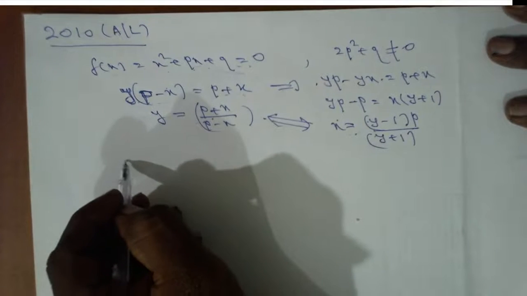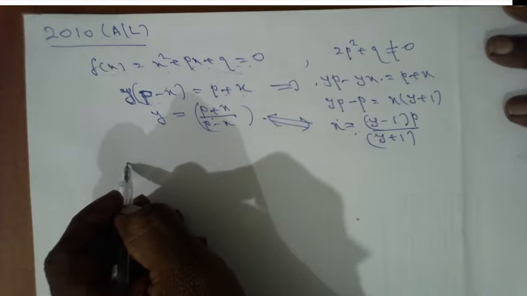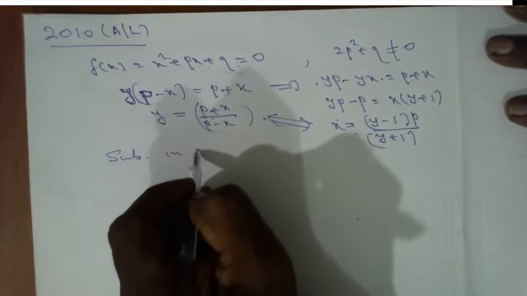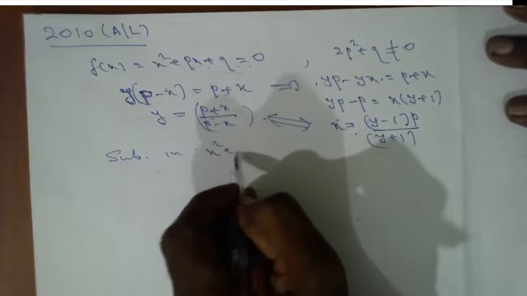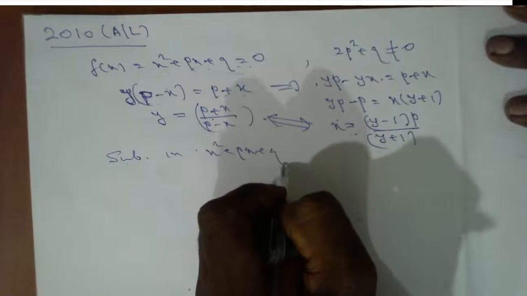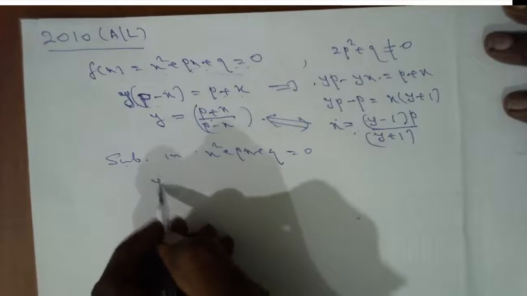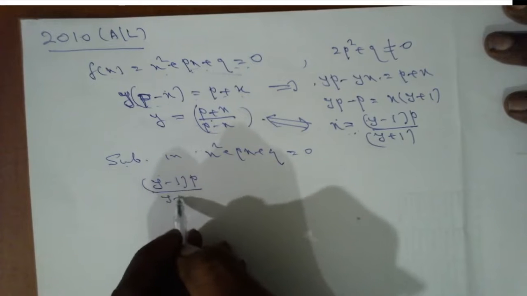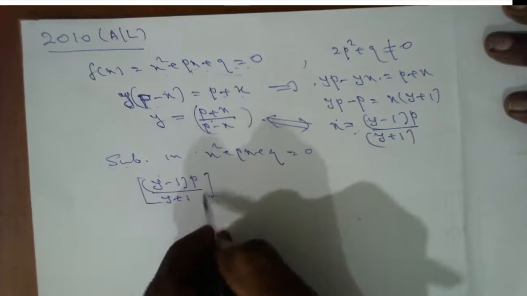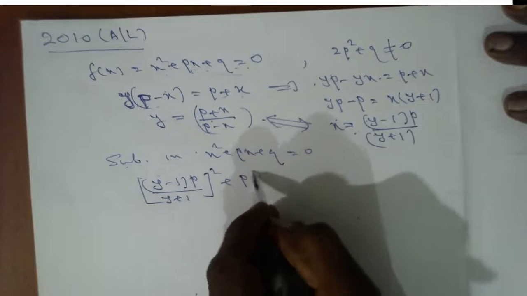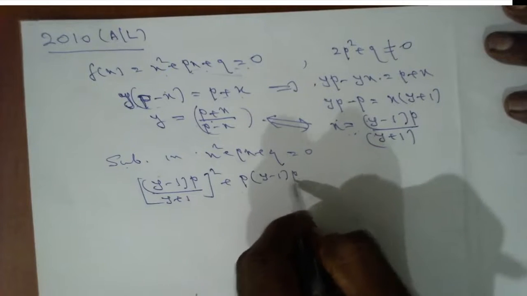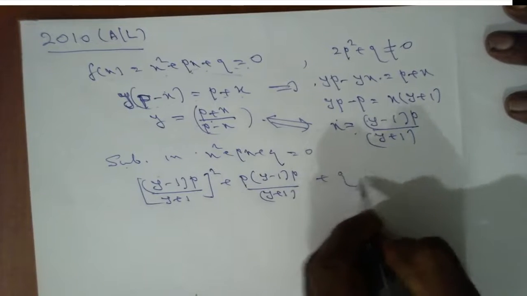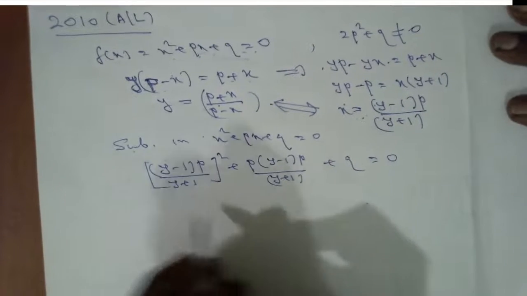Substituting in x squared plus px plus q equals 0, you have y minus 1 times p over y plus 1 whole thing squared, plus p times y minus 1 times p over y plus 1, plus q equals 0, right?